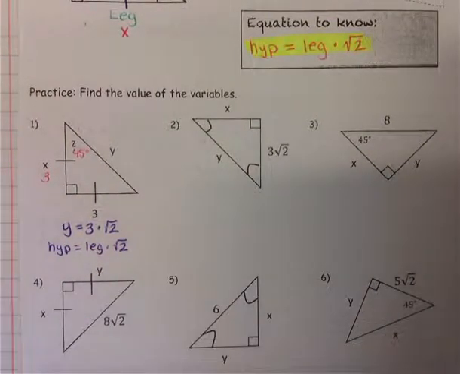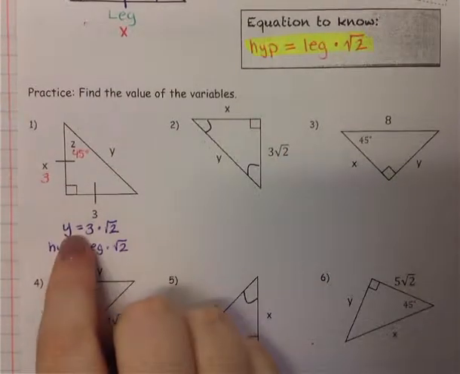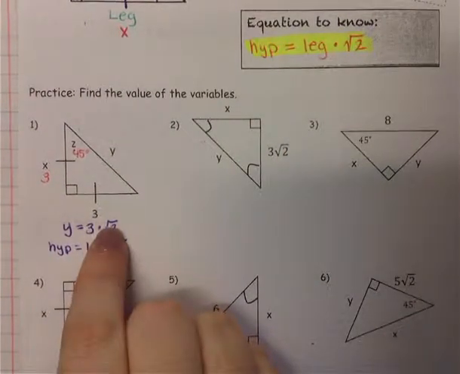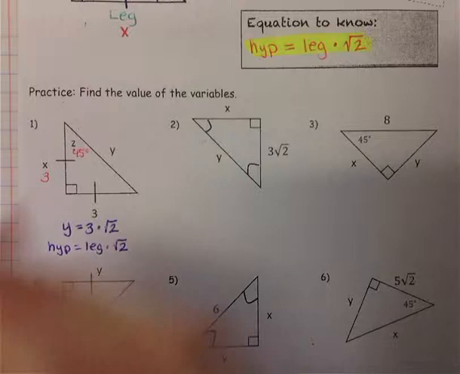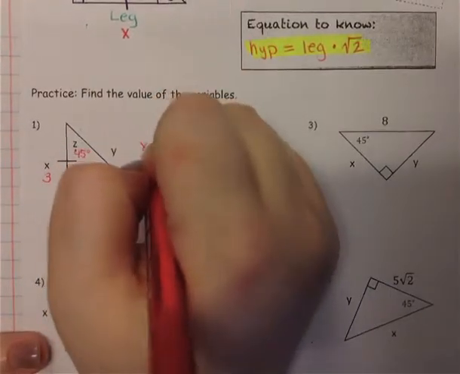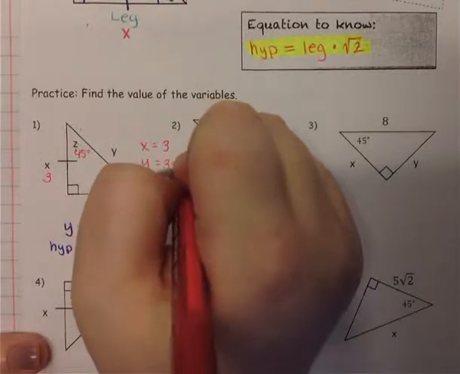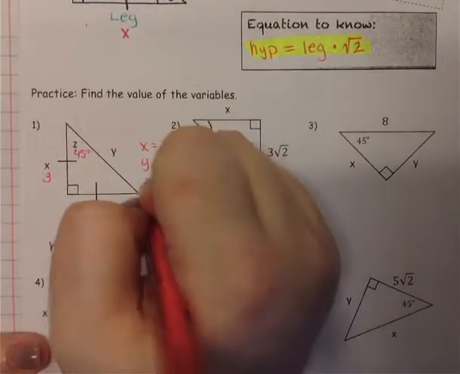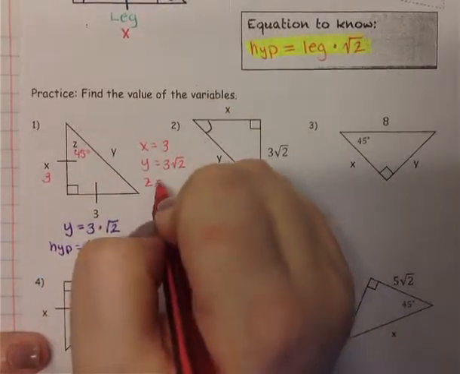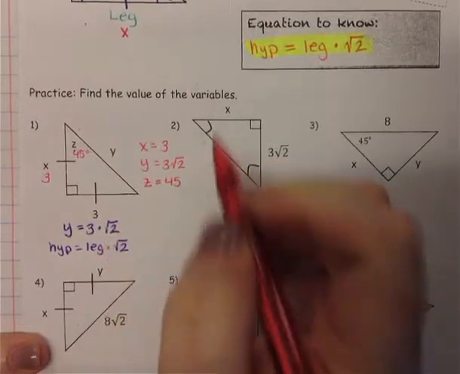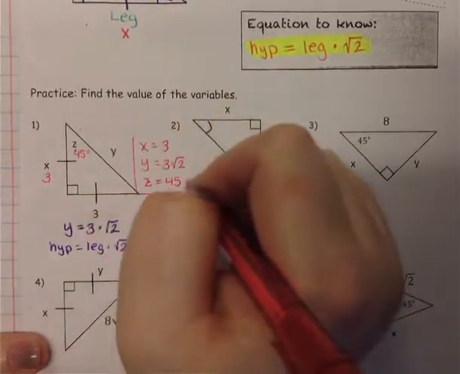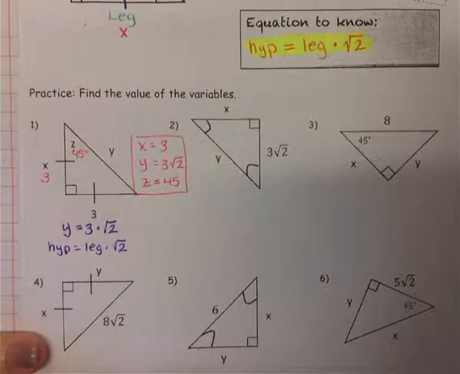We're just plugging it into the equation. Now, y is by itself, so 3 times the square root of 2 is 3 square root of 2. So we can find all of our variables. x is equal to 3, y is equal to 3 square root of 2, and z was equal to that 45 degrees. Those are the 3 variables.